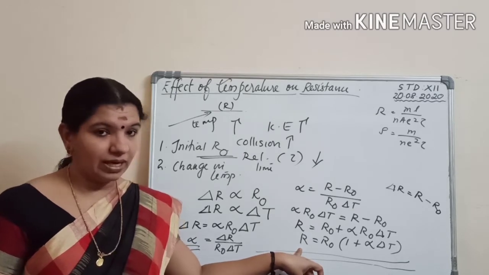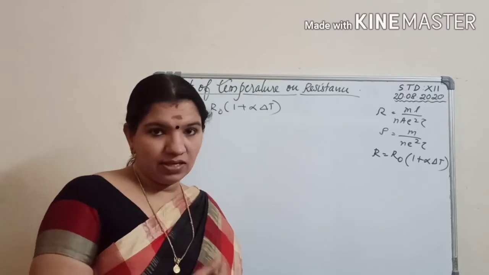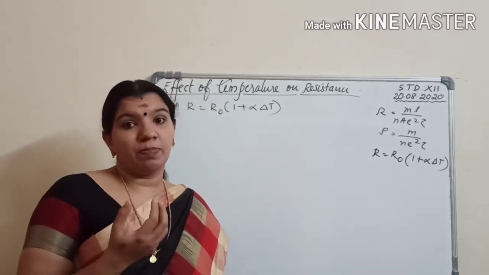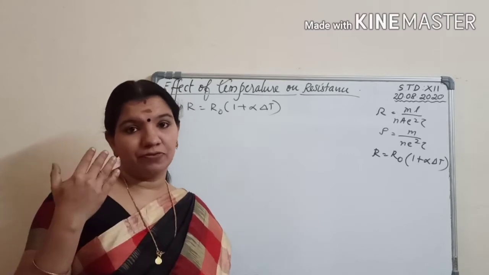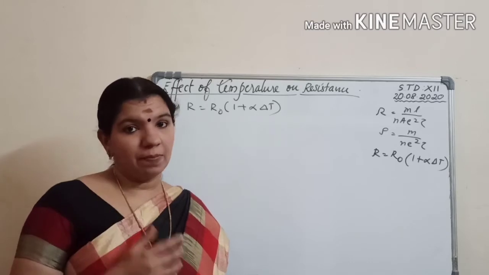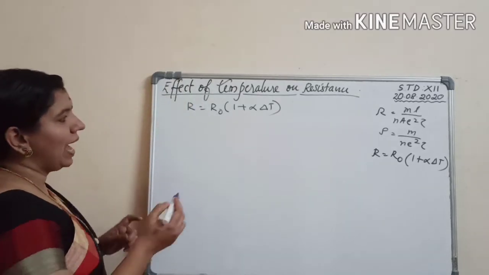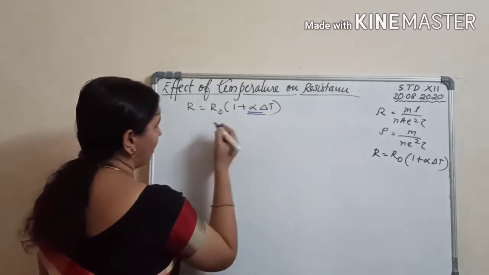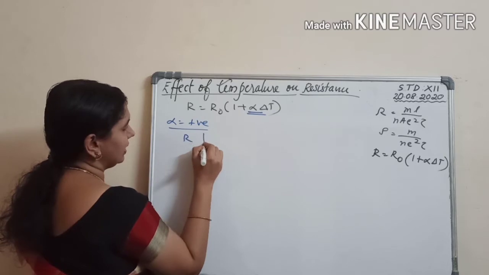Clear? Okay, now we will move to that. With this equation, we can explain how temperature affects conductors, insulators, and semiconductors. First of all, if the value of alpha is positive, we can say that R will increase.